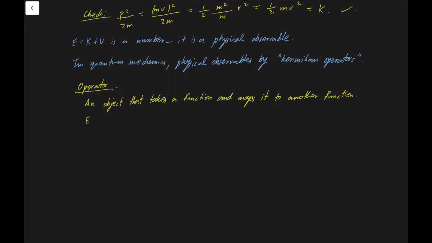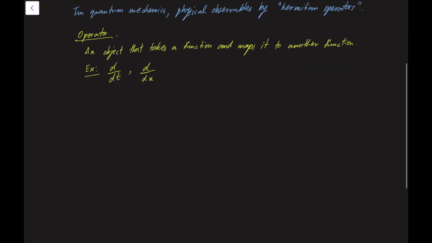So, for example, the derivative with respect to time is an operator, the derivative with respect to position is an operator, and suppose we're given the function f of x is equal to x squared.